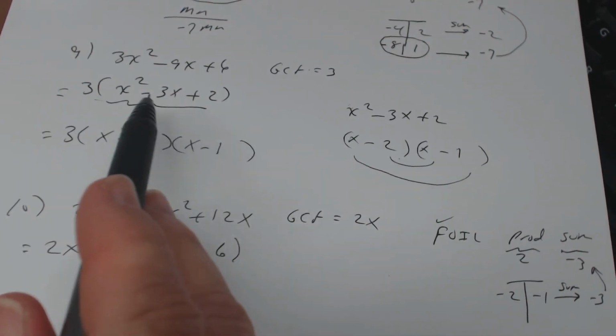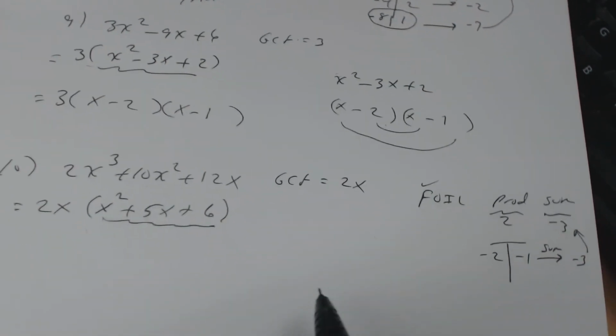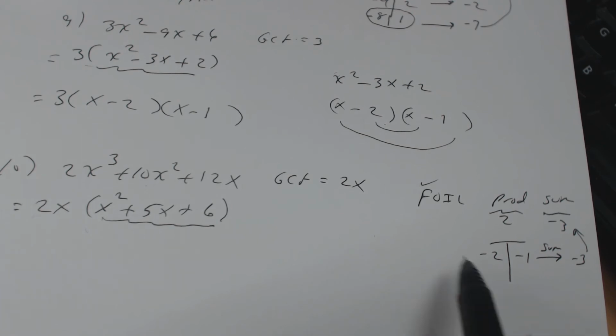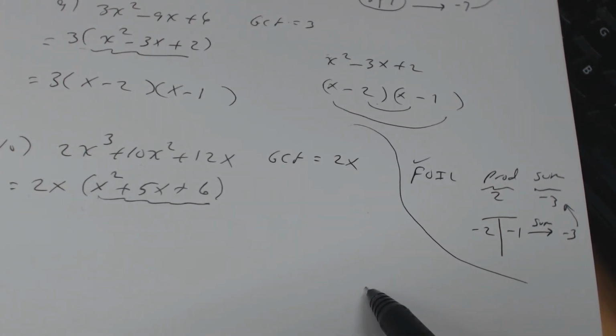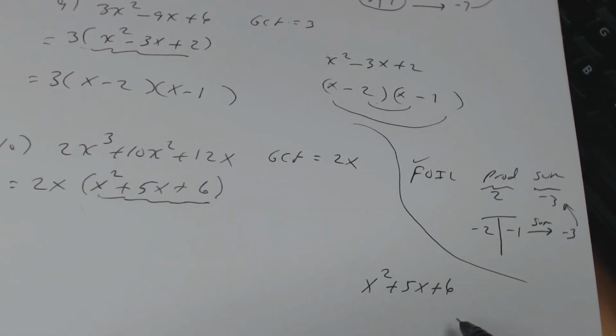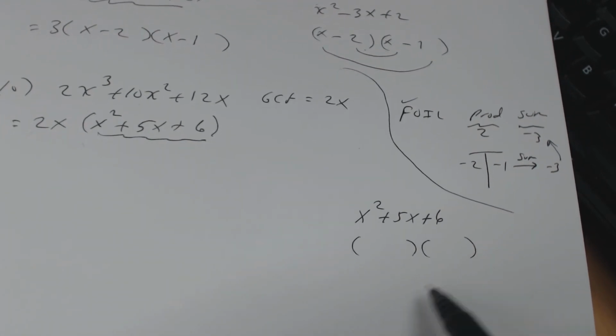Then, just like we did here, we go off to the side and figure out how to factor x squared plus 5x plus 6. So two binomials. We're going to use the idea of FOIL, product, sum.